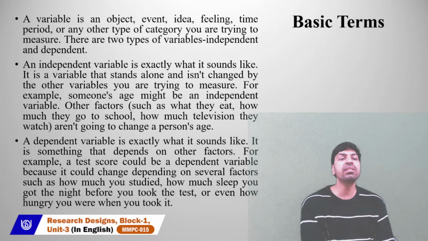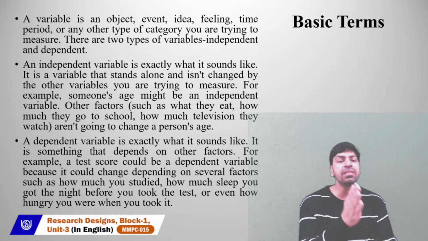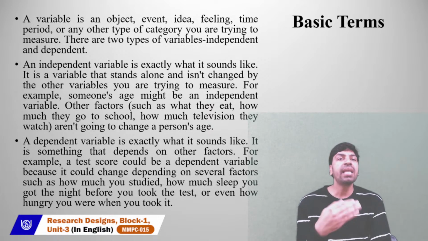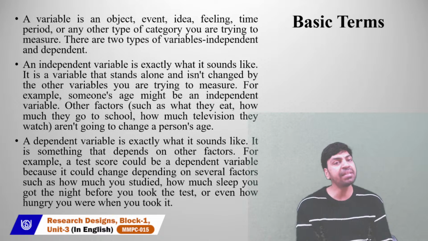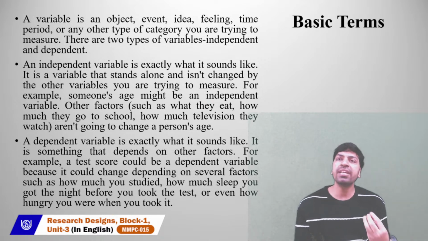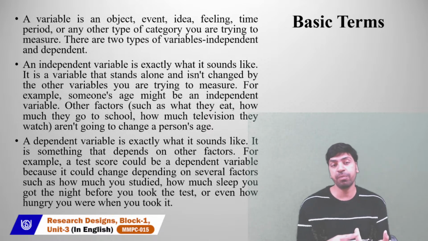The first one is, what is a variable? A variable could be any object, idea, feeling, symbol, time period, or category that an individual is trying to measure. It could be height, satisfaction, experience, or weight.